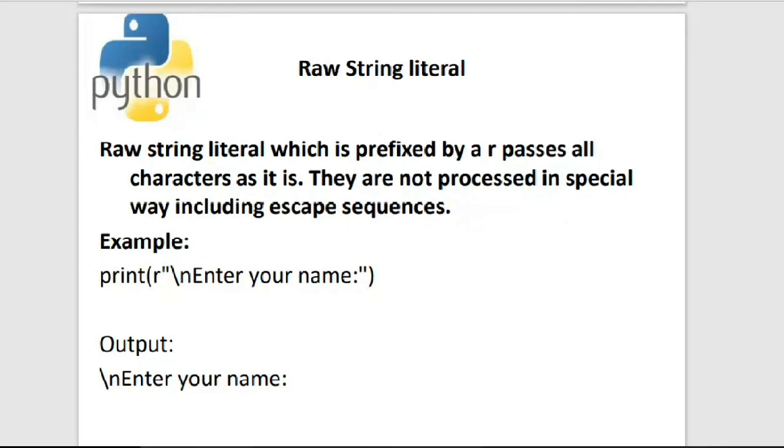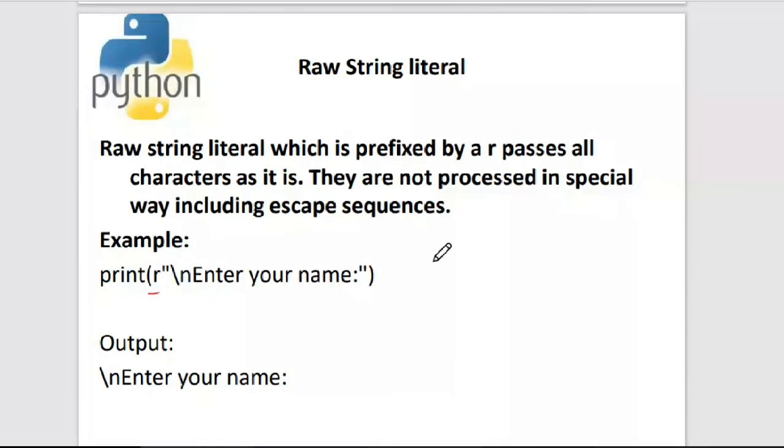Okay, so the next concept is raw string literal. You can directly get to the example. A raw string literal is represented with an R before the string in the print statement. What happens is it will not include any of the special formatting.